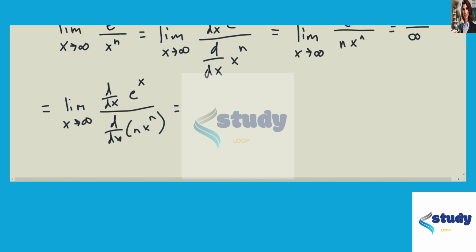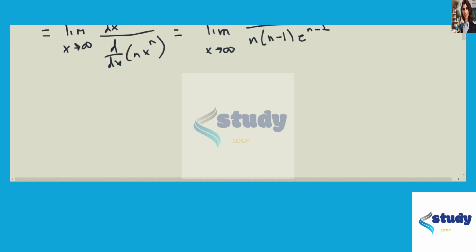And that comes out to be the limit as x approaches infinity of e^x over n times (n minus 1) times x^(n-2). And we're still going to be left with an infinity over infinity.